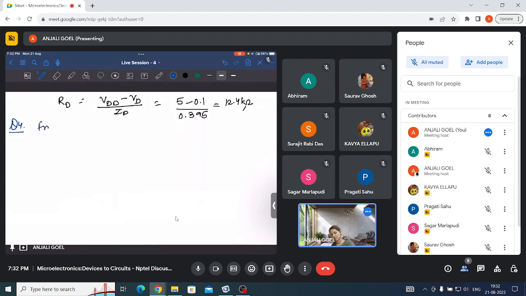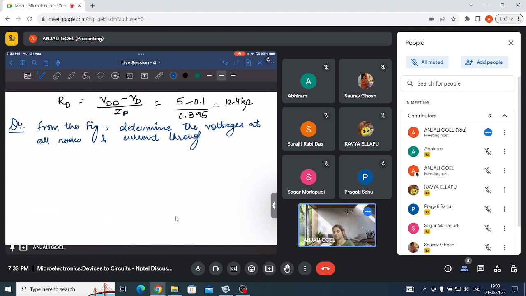From the figure, determine the voltages at all nodes and current through all branches.